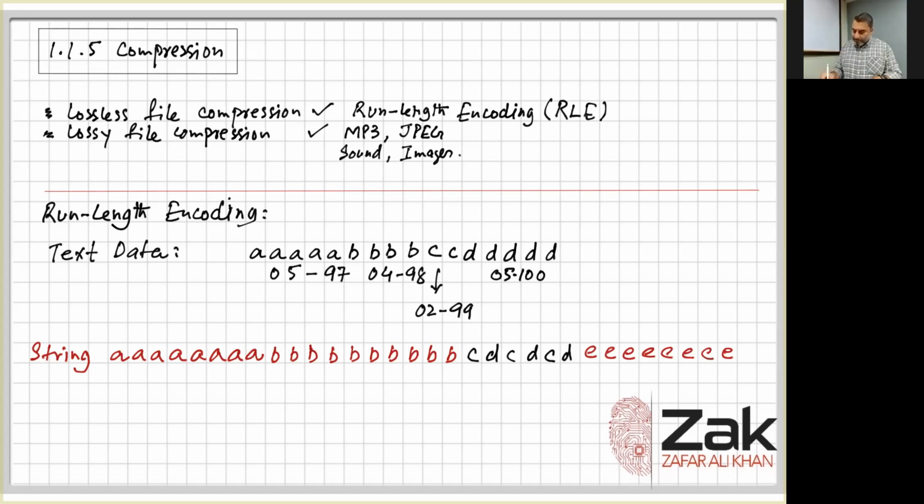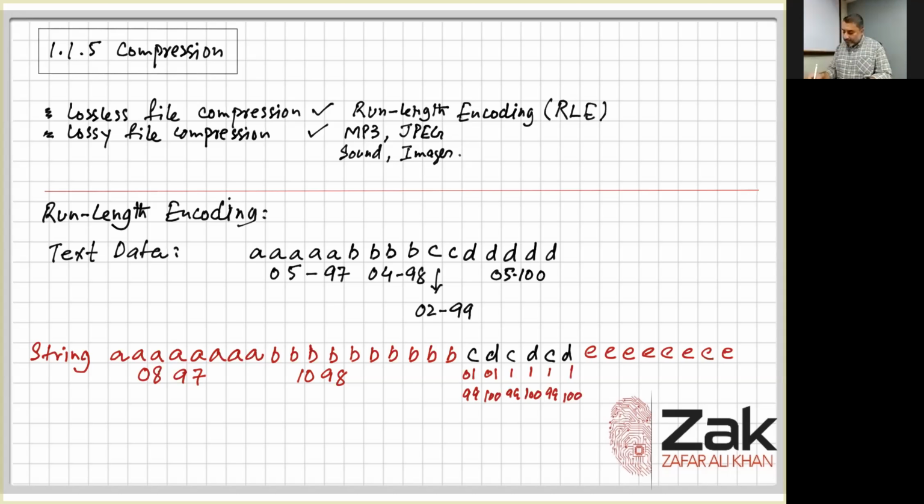So this would be 8 times 97, 10 times 98, 1 time 99, this would be 1 time 99, 1 time 100, 1 time 99, 1 time 100, 1 time 99, 1 time 100.